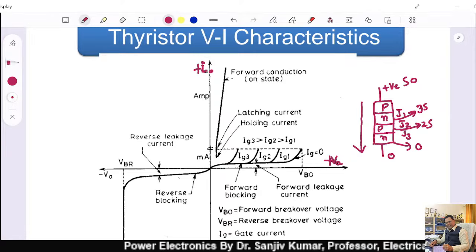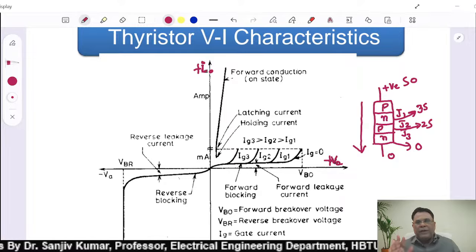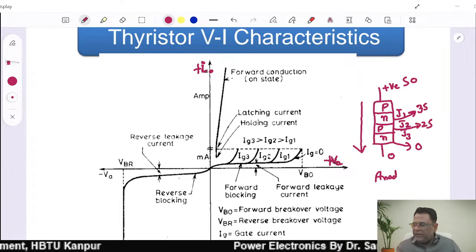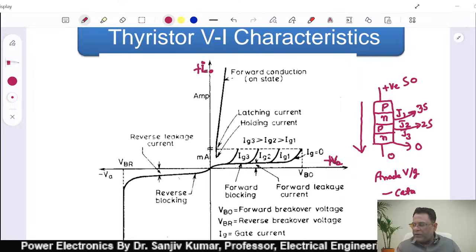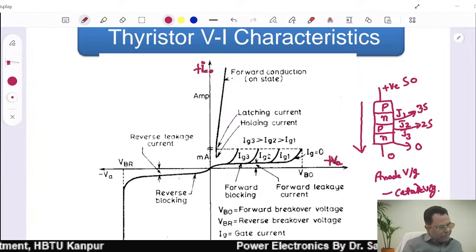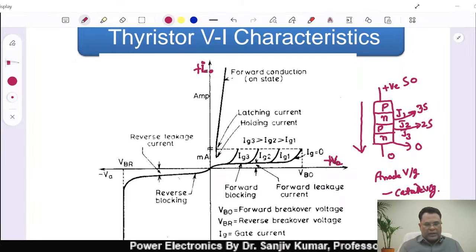Whenever you have to check whether device is in forward bias or reverse bias, what you have to do is simply anode voltage minus cathode voltage, right? This you have to do, anode voltage minus cathode voltage. Clear?